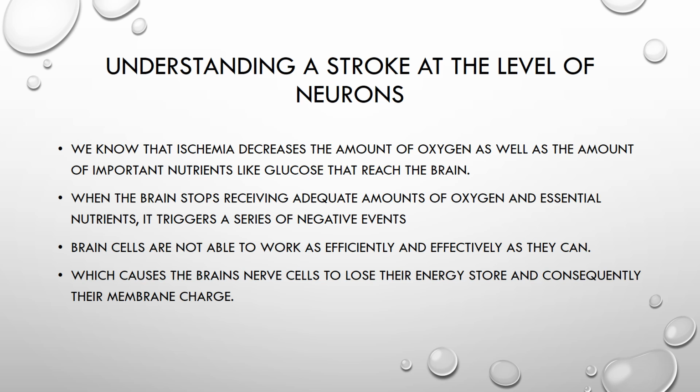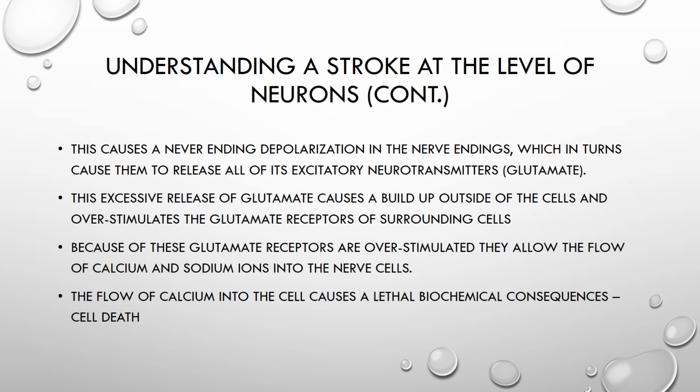Brain cells are not able to work as efficiently and effectively as they can, which causes the brain nerve cells to lose their energy stores and consequently their membrane charge. This causes a never-ending depolarization in the nerve endings, which in turn causes them to release all of their excitatory neurotransmitters, or glutamate.